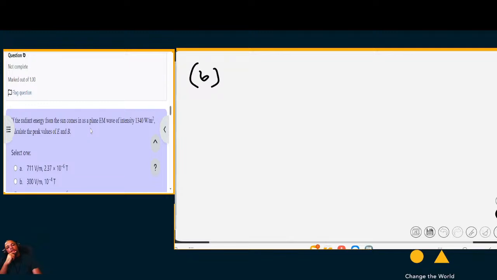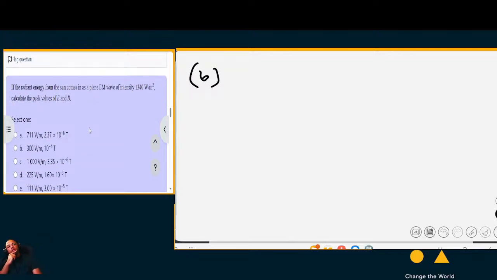They tell us the radiant energy from the sun comes in as a plane electromagnetic wave of intensity 1340 watts per meter squared. So the solar intensity is 1340 watts per meter squared.